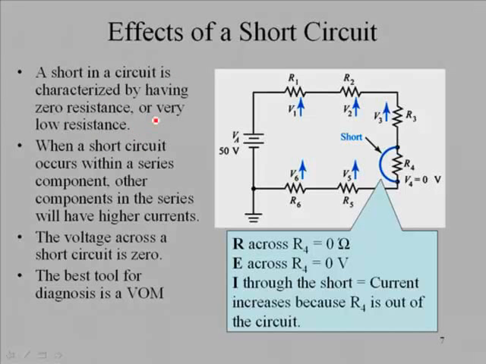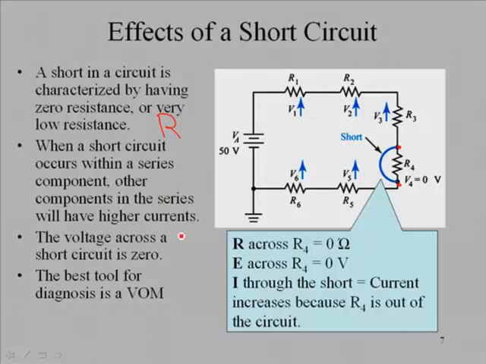So if the circuit is turned off and we are measuring resistance from this point to this point, in the case of a short we'll measure either a very low resistance or zero resistance. When a short circuit occurs within a series component, other components in the series will have higher currents.